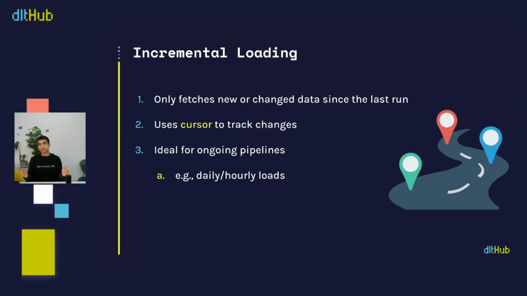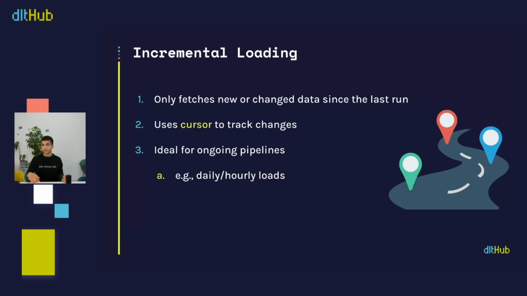Well, the next time we run this pipeline, it's not going to collect data that was from before the 17th of September. Rather, it's only going to collect data from the 17th onwards. And this is great because it means that you're avoiding redundancy, you're making fewer API calls, and you're able to run pipelines quicker. So this is a technique ideal for ongoing pipelines, basically pipelines that you run periodically, could be hourly or daily.